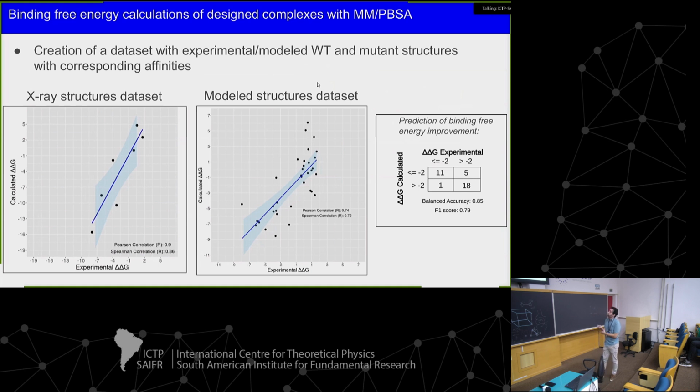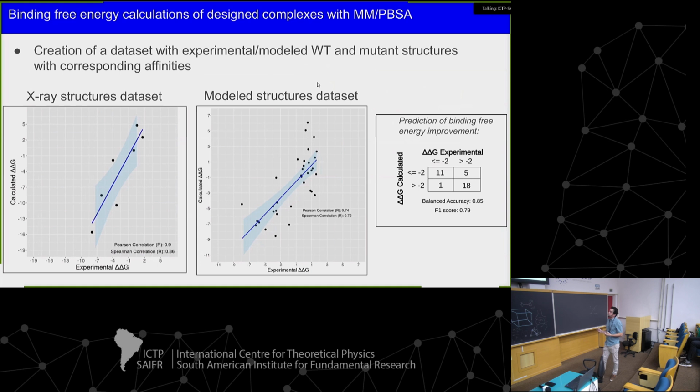Actually, the referee of this publication asked about the modeling. Okay, you are comparing in terms of X-ray structures. Sorry, I forgot to mention this. We have crystal structures of the native structure of the TCR and of some variations of this TCR, with some mutations. So we have the wild type and the mutated TCR, right? Both with crystal structures and both with experimental binding affinity measurements. And then you try to correlate with our calculation. We use the same mutations and do the calculation.